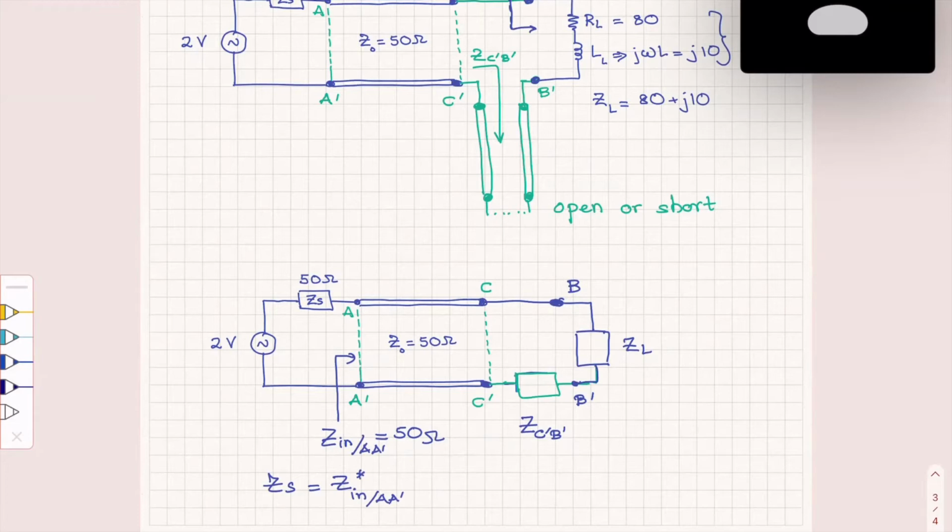But I will say it like this, which implies that if I make my Z_in at A prime to be 50 ohms, practically, I will then be able to have a perfect match at AA prime, so full transfer of the real power. And because my transmission line has no losses, it's going to go eventually to the load. And because my stub is only reactive, eventually it's going to go to the load. All right? That's what I said.